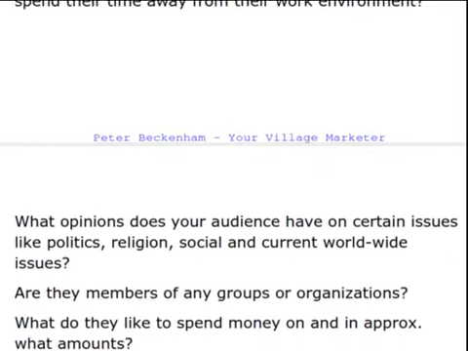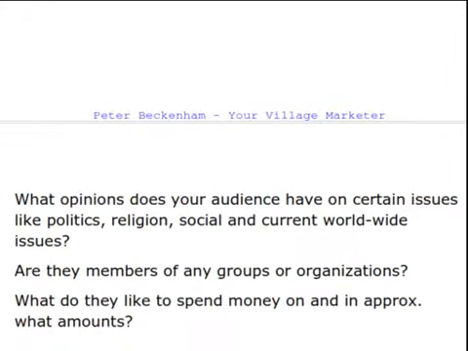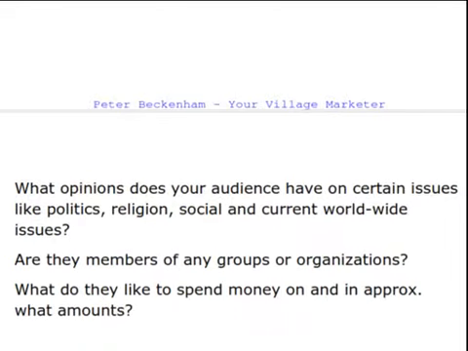Does your audience have all sorts of opinions on politics, on religion, social, current worldwide issues, whatever they may be? I mean, are they members of any groups or organisations? And if they are, then you can go and research those groups and organisations and find out the common problems that particular members of that group are sharing. Where do they like to spend their money? What do they spend it on? And how much do they spend? That would be interesting to find out, right?